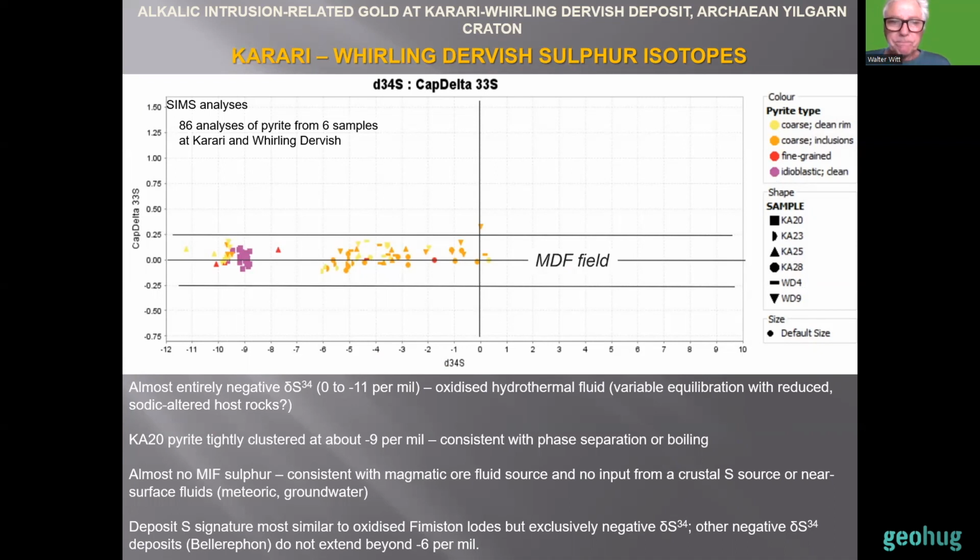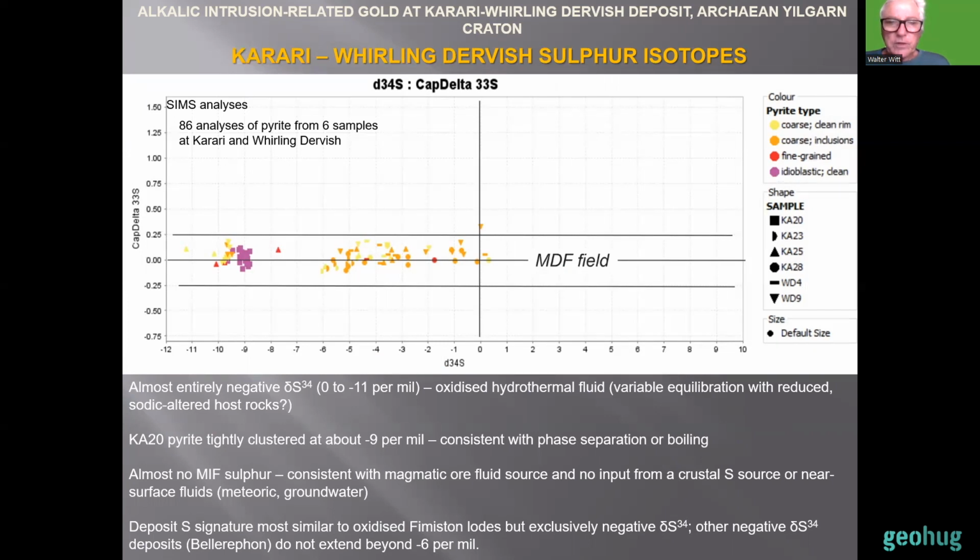The samples from KA20, which is that cherty grey quartz pyrite vein, are shown here in purple, and they cluster around a value of -9 to -10, consistent with the idea that this pyrite was formed by some disequilibrium process, such as phase separation or flashing.